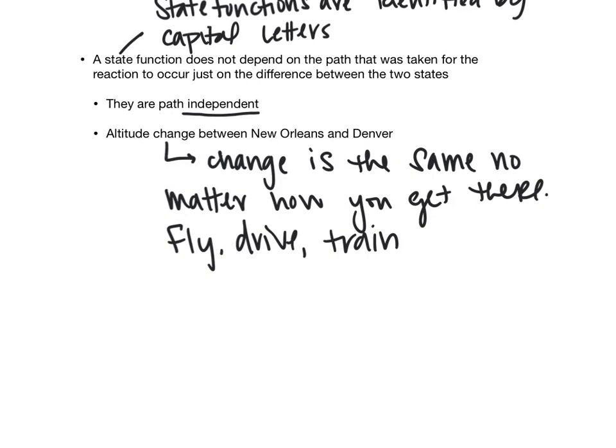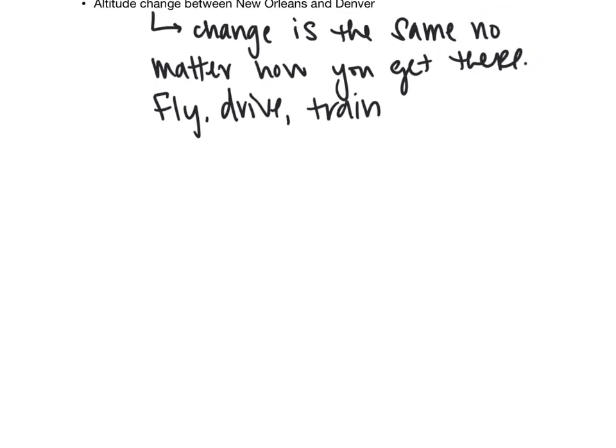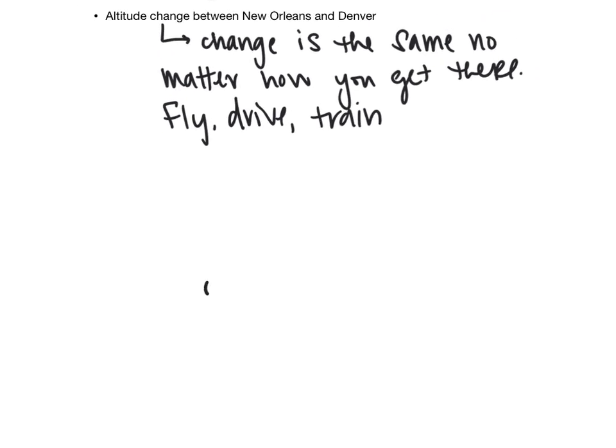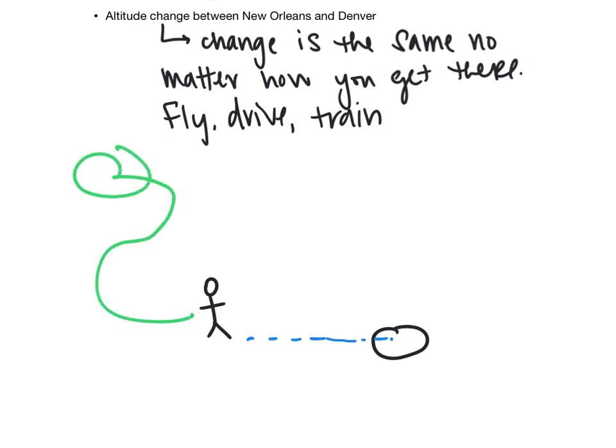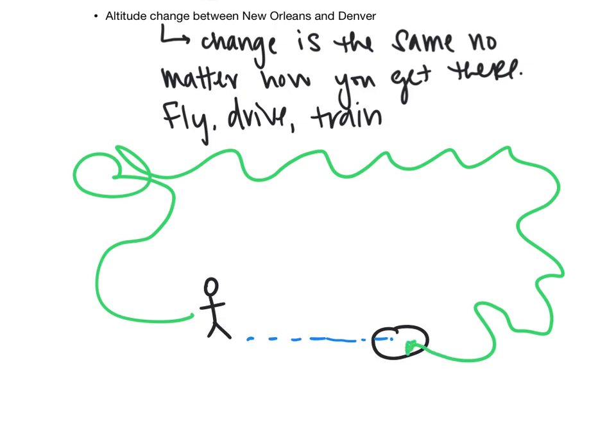Now, things that are path dependent are work and heat. It matters how much energy or how much heat you're going to spend in order to drive, fly, or take a train. We can think about that in terms of path independence. One of the things I like to think about is if person A is here and they want to go here. One way that they could get there is to basically walk here. Or they could go on a trip, go see the 9 wonders of the world and get here.